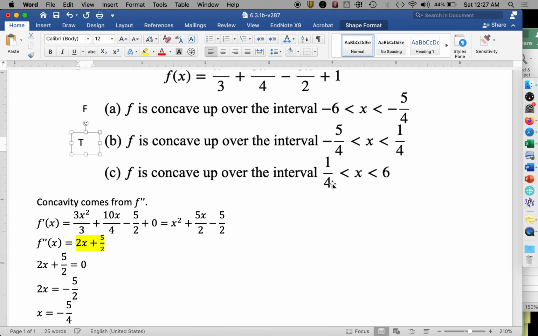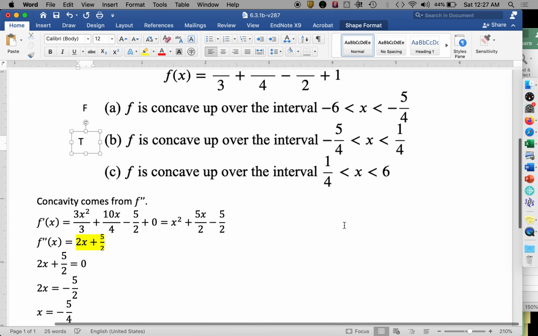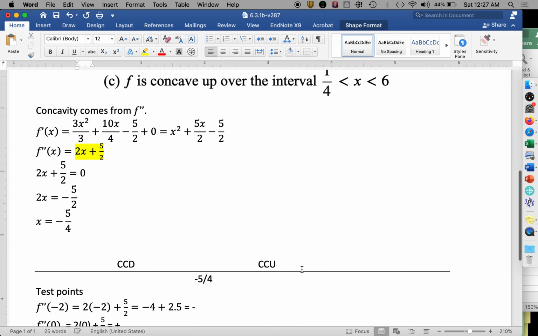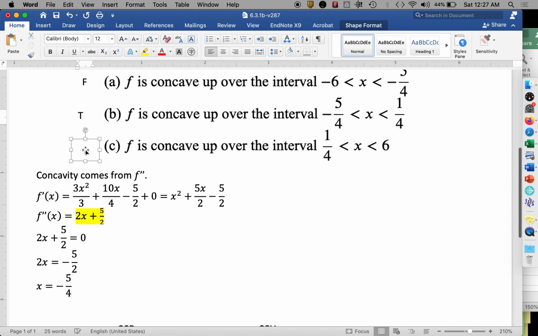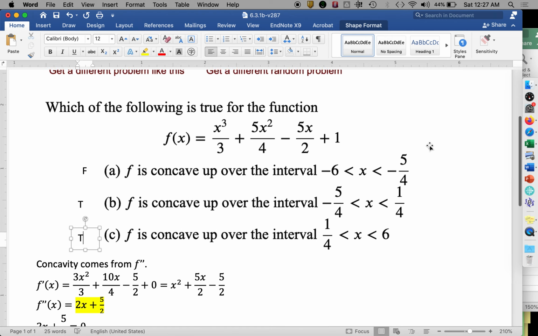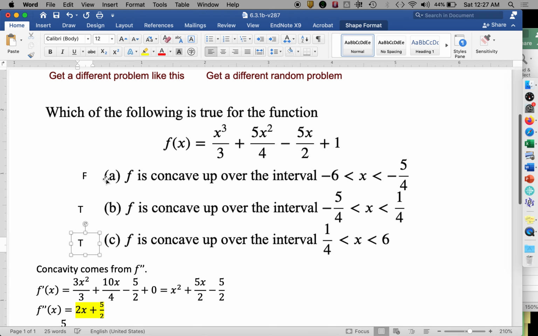All right, next between 1/4 and 6. All right, 1/4 is over to the right of negative 5/4 somewhere, and 6 is even further to the right. That whole section we got concave up. So statement C is also true. All right, and so then you would choose the choice that says statement A is false and B and C are true.